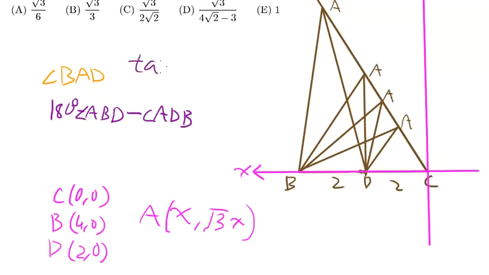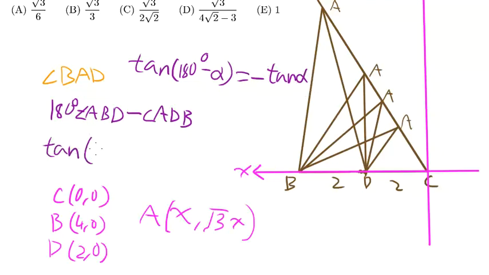We also know that tangent of 180 degrees minus alpha is equal to negative tangent alpha. So this is going to be negative tangent of ABD plus ACB.